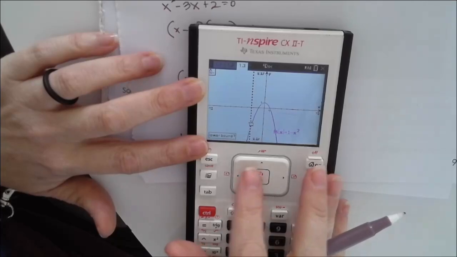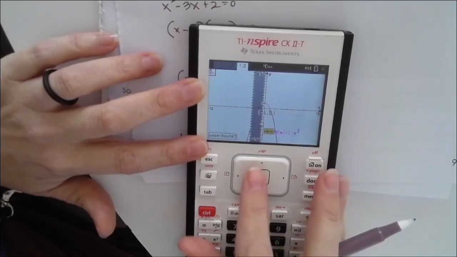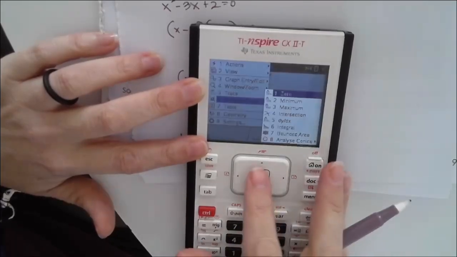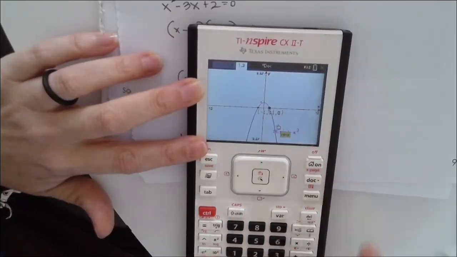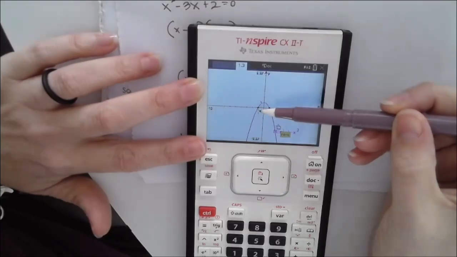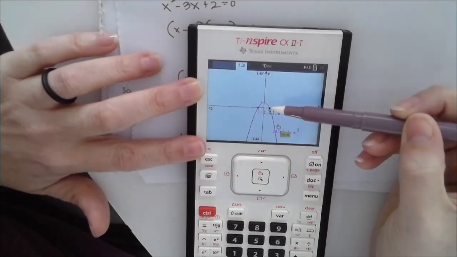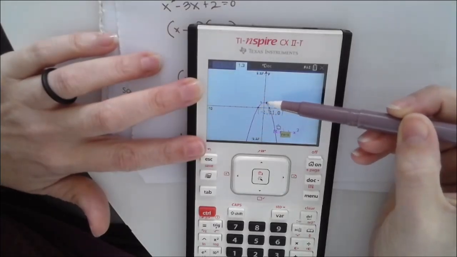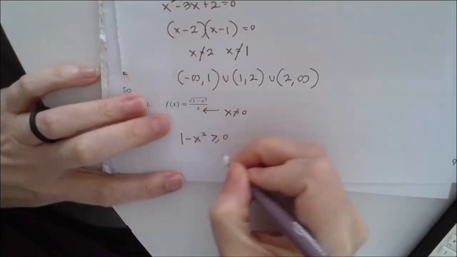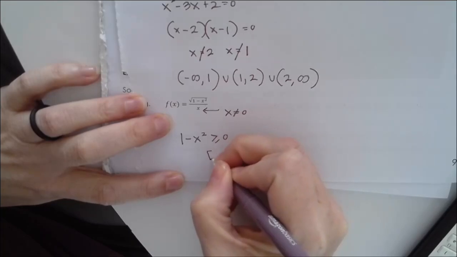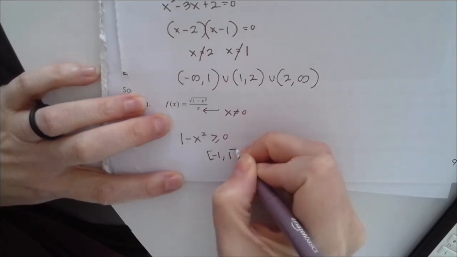Over here on the left, I have -1, and then I do it again, and I find that over here on the right, I have a +1. So the x's that are above that x-axis are from -1 to 1, and we're allowed to include them. So we would say from -1 to 1 is where this is greater.